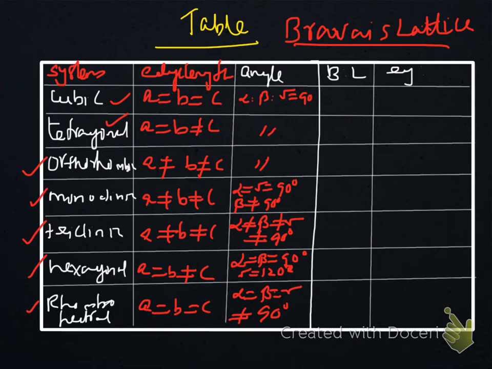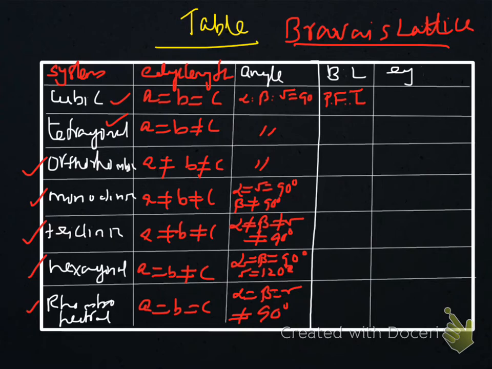For the cubic system, it is P, F, I. P means primitive, I means body centered, F means face centered.